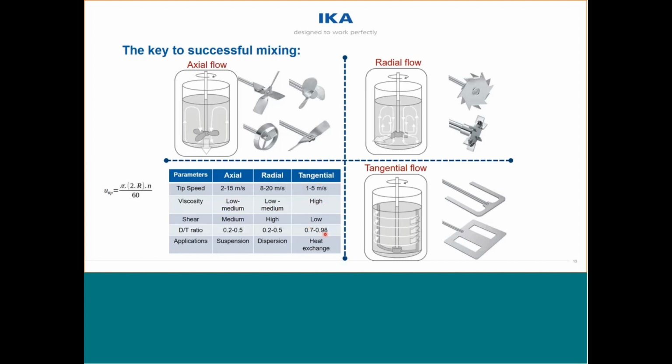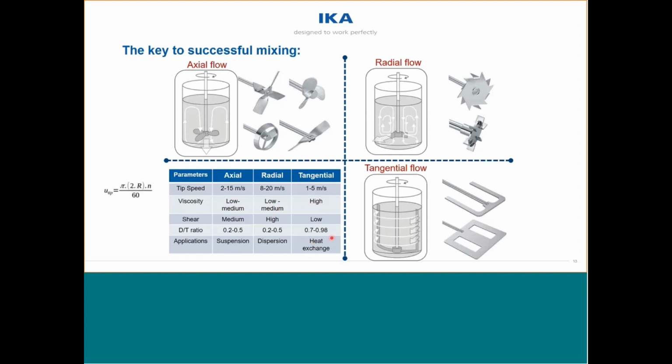And from the D/T ratio, we have to select an impeller diameter which is close to our tank diameter, so it can scrape the samples which are deposited on the vessel wall for better mixing. This kind of tangential flow is recommended for heat exchange applications.